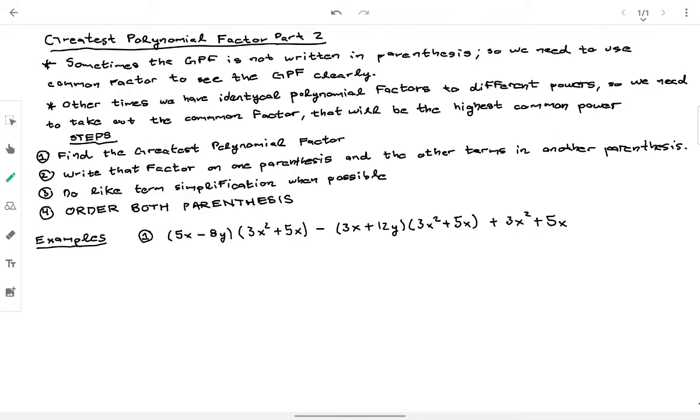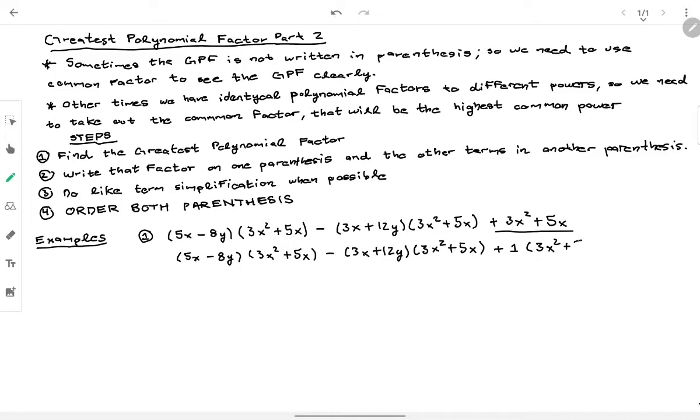In this first example, we can see that we have the greatest polynomial factor that is not inside a parenthesis. So we can write it differently and we can put it like 5x minus 8y that multiplies 3x squared plus 5x, minus 3x plus 12y that multiplies 3x squared plus 5x, plus 1 that multiplies 3x squared plus 5x.